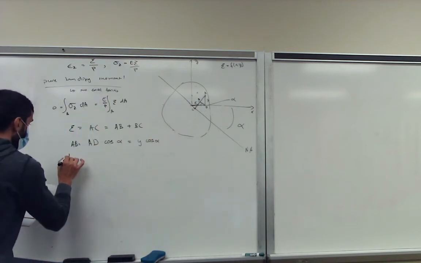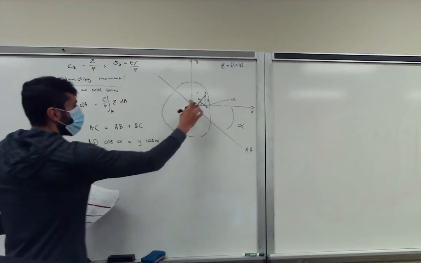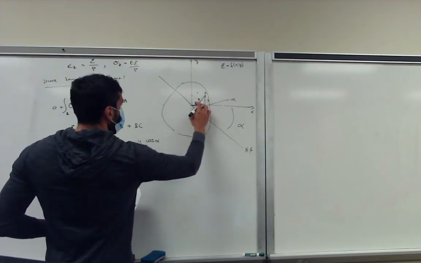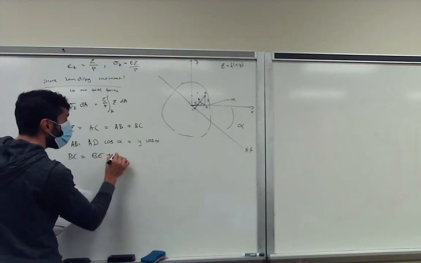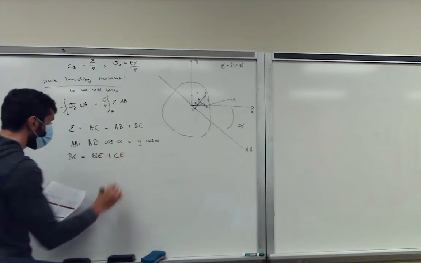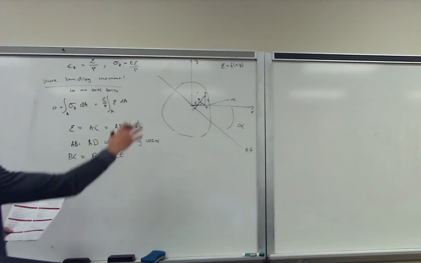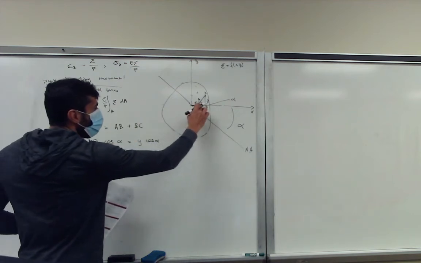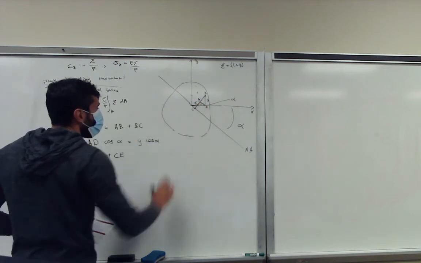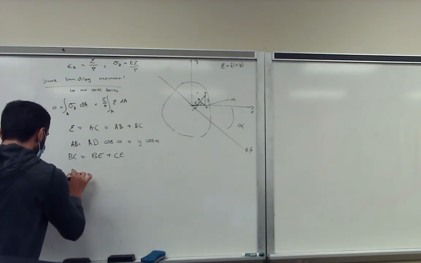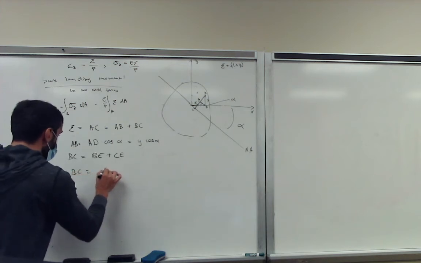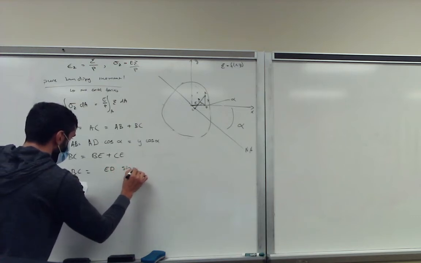Similarly, we know that BC, this section, is equal to BE plus CE. We can use simple geometry rules again. We know that this is alpha, so BE is equal to ED sine alpha.